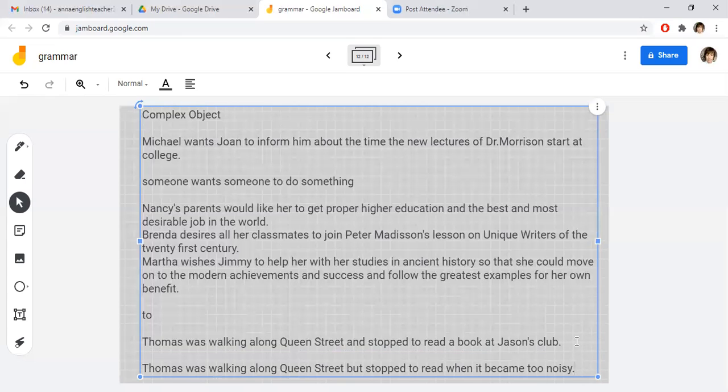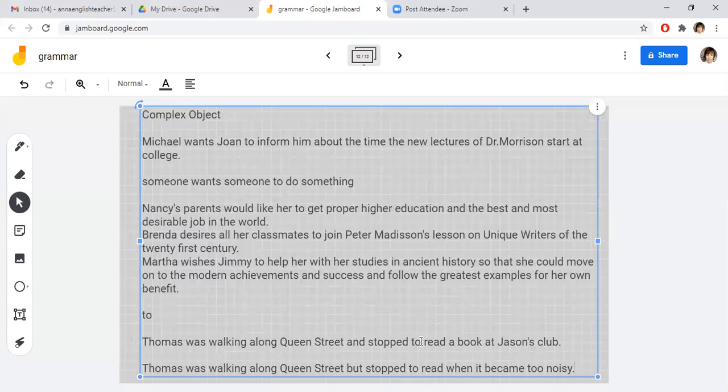So there were books, and it was possible to read these books at this club. This is why you say that what did he do? Stopped to read a book.